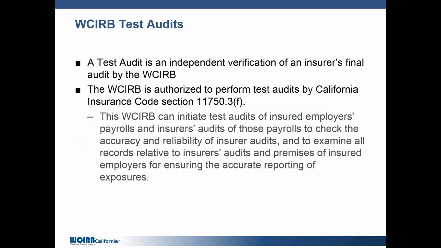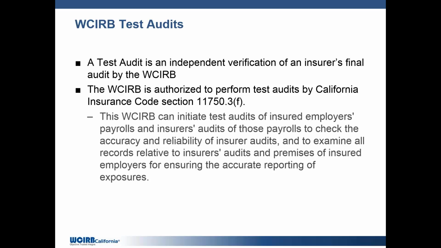Where we're going to talk about the WCIRB test audit program, and then we're also going to touch on consequences for not allowing a physical audit. So we talked about, first, the WCIRB, we're an independent organization. We're the insurance commissioner's designated statistical agent, but the insurance code allows the Bureau to perform test audits of carriers' audits.